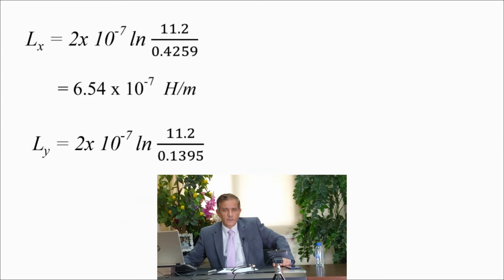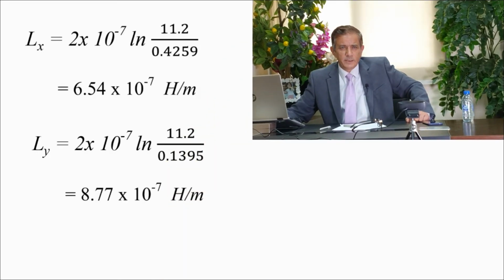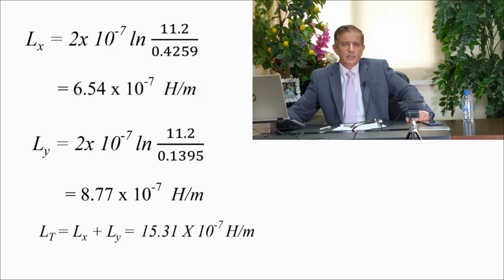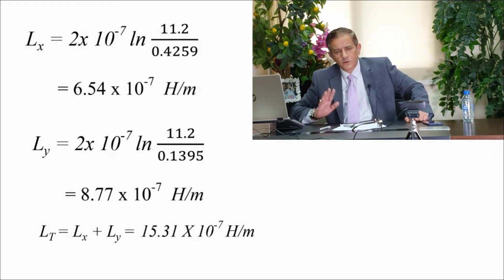Same thing for Y. Same D common for them. GMR, just calculate 0.1395. I will get inductance Y. Summing them together, we'll get the total inductance of the circuit. If you follow, it's the same basic principle of the first example, the one with two conductors.